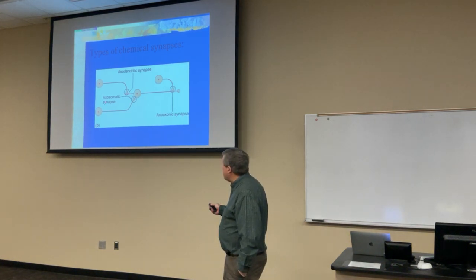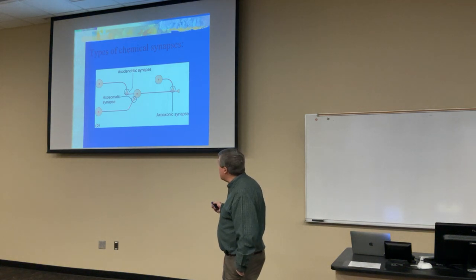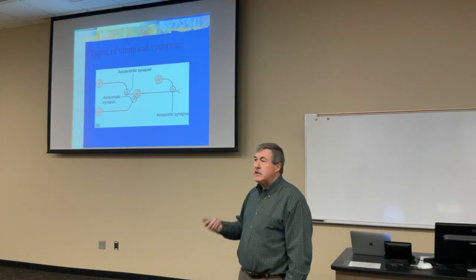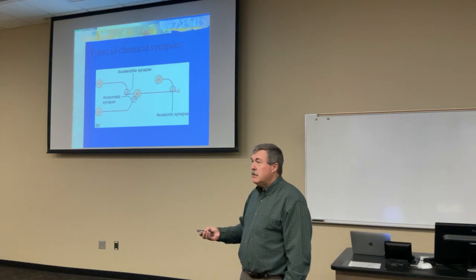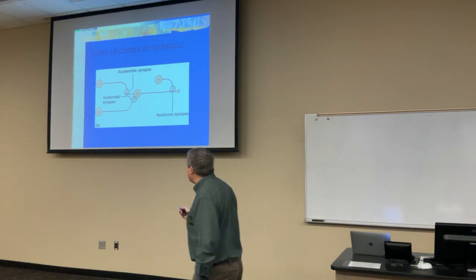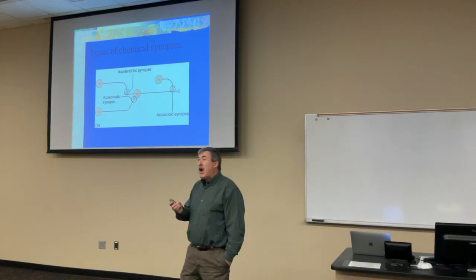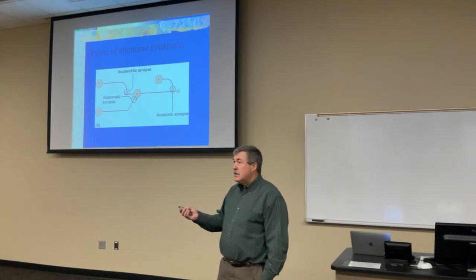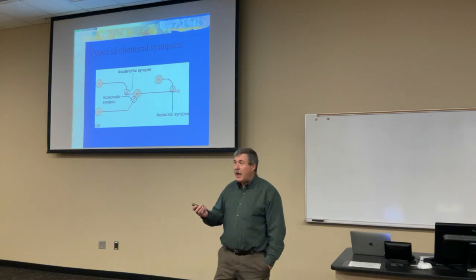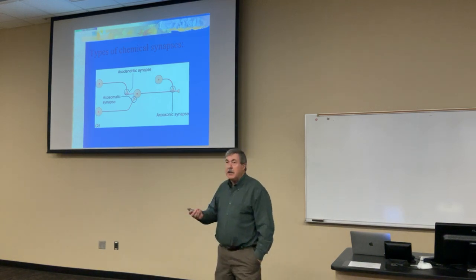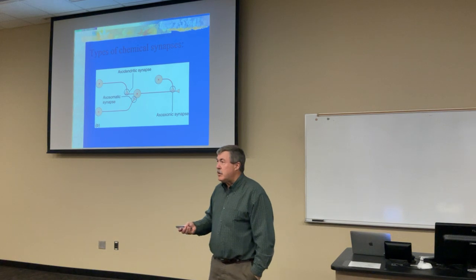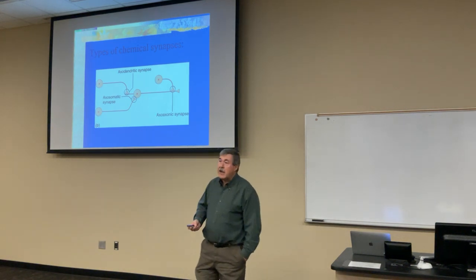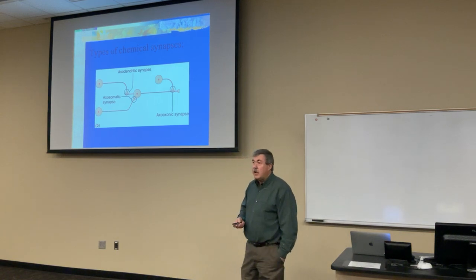Now, the axosomatic synapse most likely would work exactly the same as if the dendrite was being stimulated. So you can trigger a local potential in the cell body as well. It's probably easier to trigger a local potential on a dendrite though, because that's where you have the most ion channels that can be activated by the neurotransmitter. But there's also ion channels in the cell body, so you could trigger an action potential there just as well.